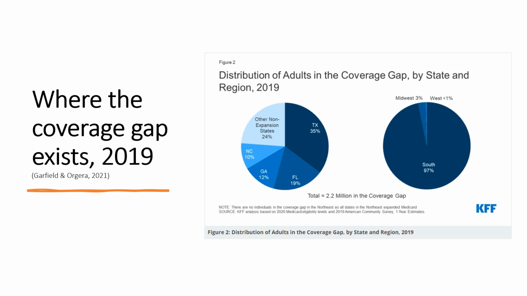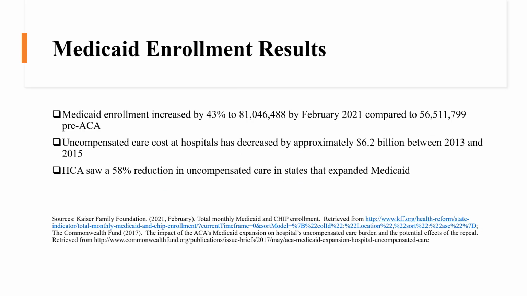So what has happened with Medicaid over time? Medicaid enrollment increased by 43%, to about 81 million individuals by February 2021, compared to prior to the Affordable Care Act. And actually during the COVID situation, that number increased even more as more people became eligible.